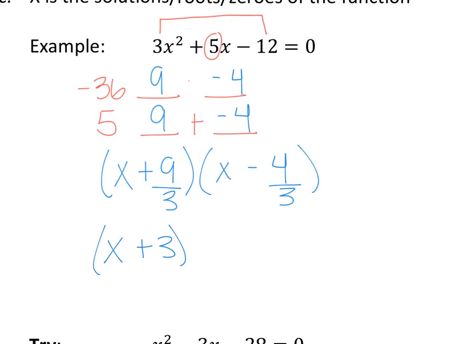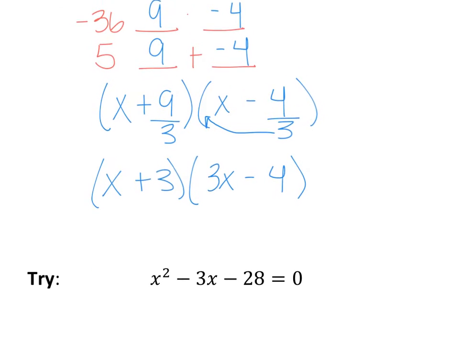But when it does not divide evenly, like the term on the right, then you bring the denominator out in front of the x. So this becomes 3x minus 4. So now it's completely factored, and this is what we did in the steps before.